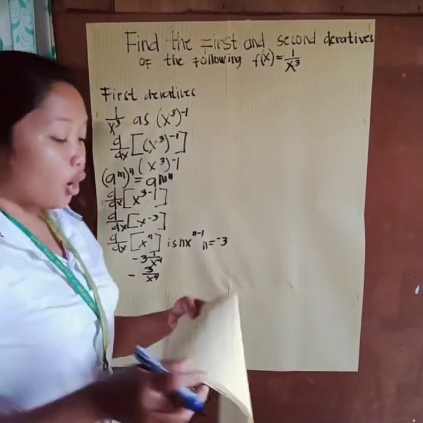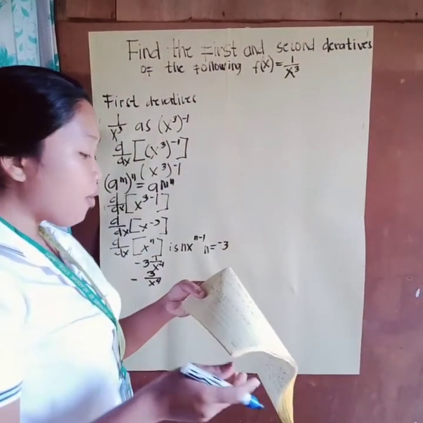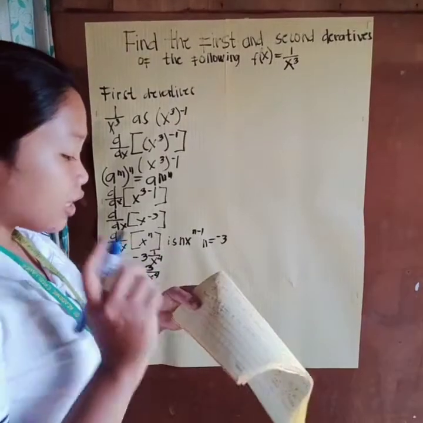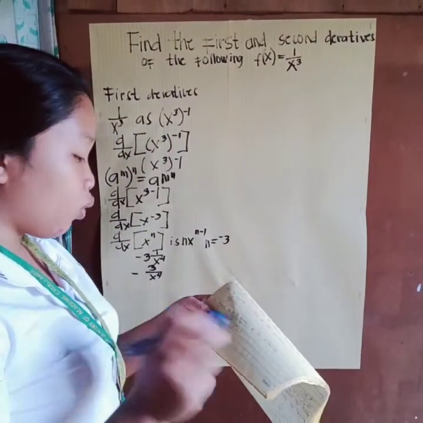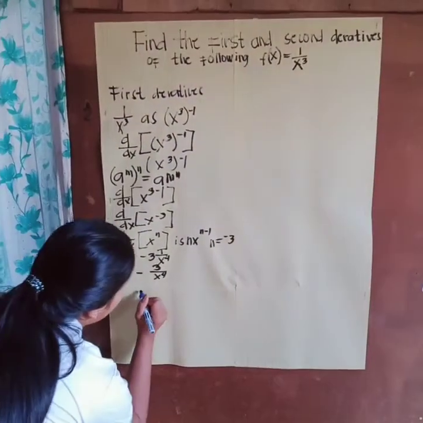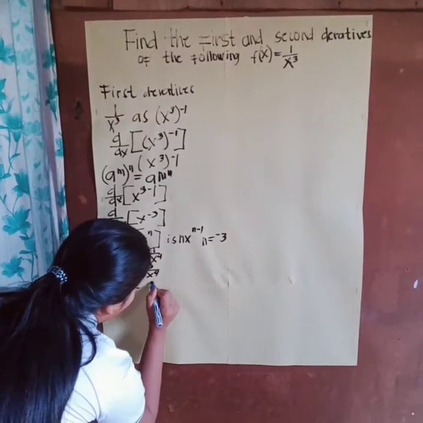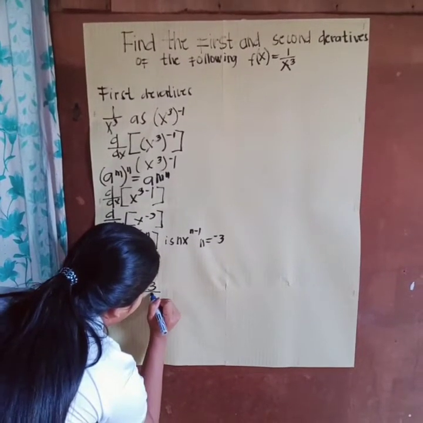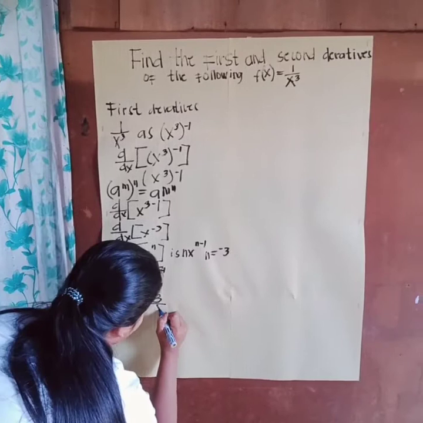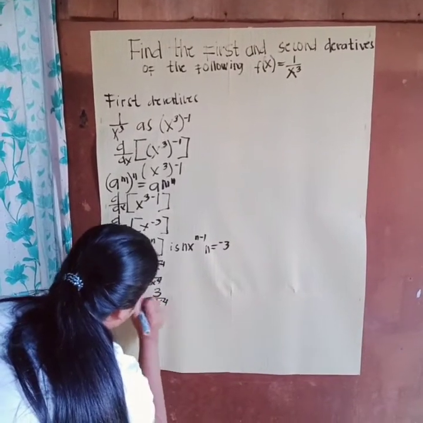So our first derivative of f(x) is equal to 1 over x cubed is negative of 3 over x to the 4.